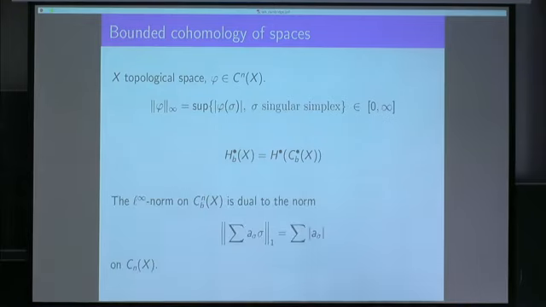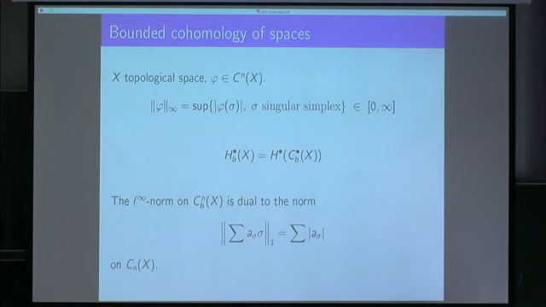Okay. Let me emphasize here that the L infinity norm on singular cochains arises as the dual of an L1 norm on singular chains. And the L1 norm is just the one which evaluates the sum of the absolute values of the coefficients in a finite sum of singular simplices.